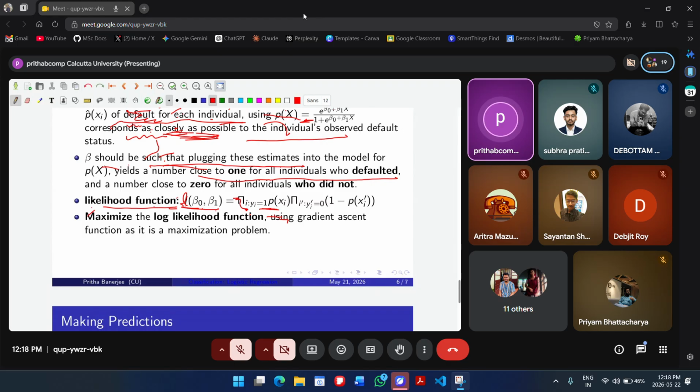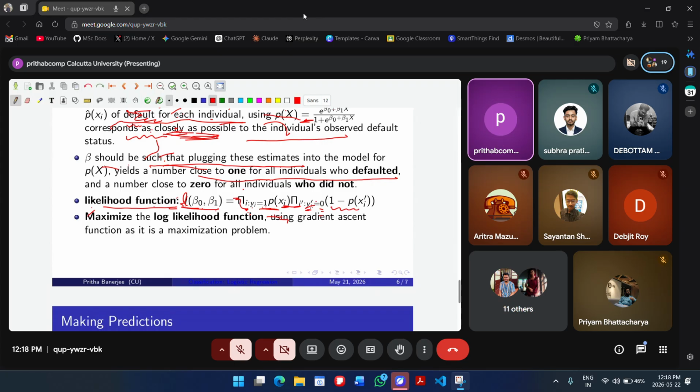This symbol is the product. For all i where yi equals 1, you take p of xi, and for all i dashed where yi dashed equals 0, you take the probability 1 minus p of xi dashed.